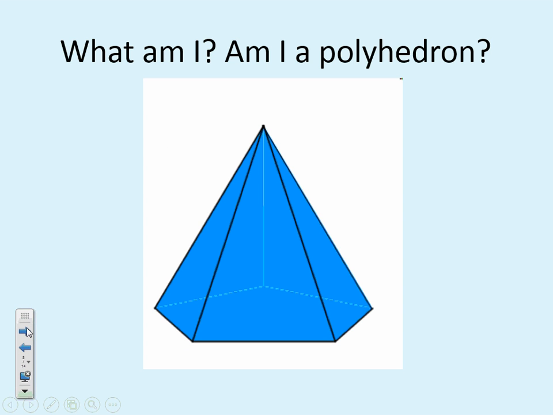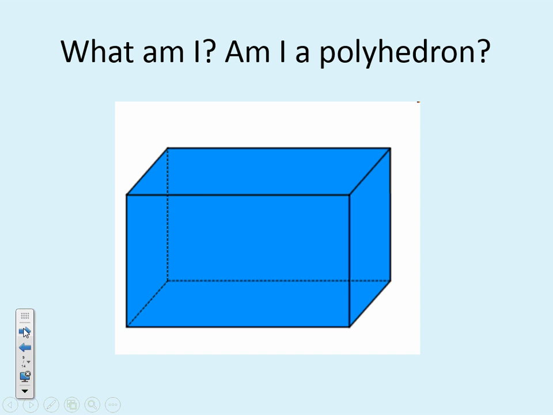What about this? On the base, if I outline it a little bit more so you can see it, the base down here has 1, 2, 3, 4, 5 sides. That's a pentagonal pyramid. It has a pentagon at the base, and again, it comes up to meet at a point up here. Is it a polyhedron? Yes, because all of those flat sides there are polygons. What about this? This would be what we would call a prism.